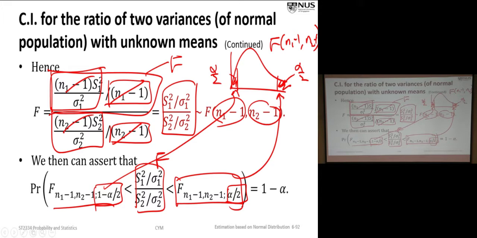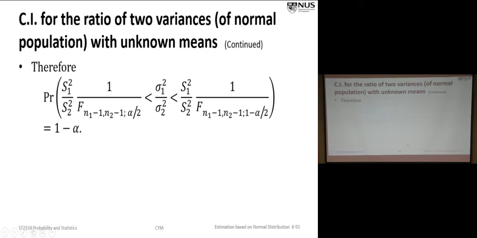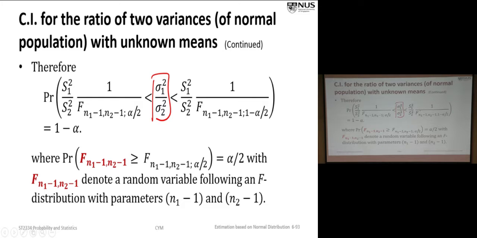So now I rearrange this. This means S1 square over S2 square times sigma 2 square over sigma 1 square. All right? I rearrange it so that sigma 1 square over sigma 2 square is in the middle, then I have this formula. These are the random interval. So this is my confidence interval.